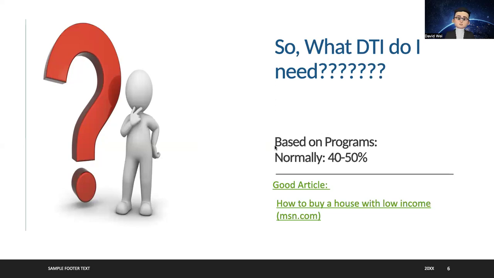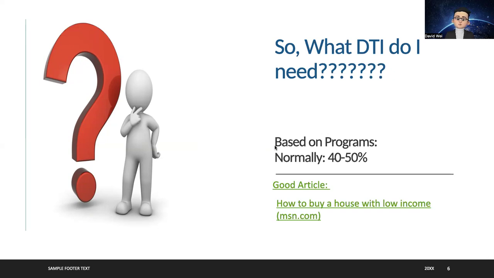Let's say you have a lot of accounts with the bank, or your business accounts are with the bank, then they may make an exception, because some loans, which we can talk about later on, could be sold or could be kept in-house by the bank. And sometimes they will allow the DTI to be higher than what is normally allowed.